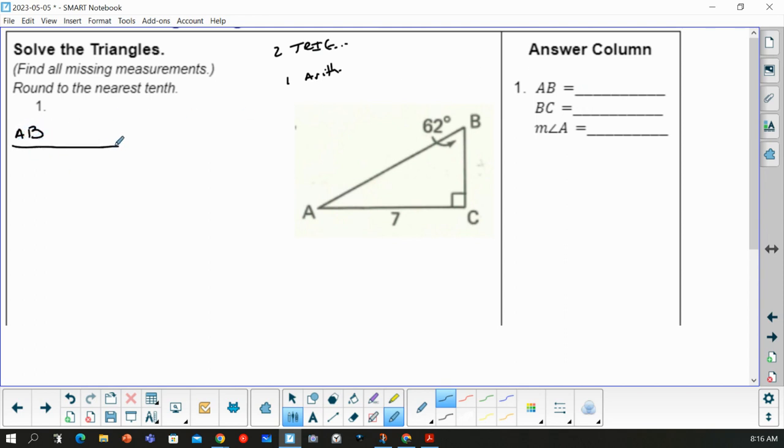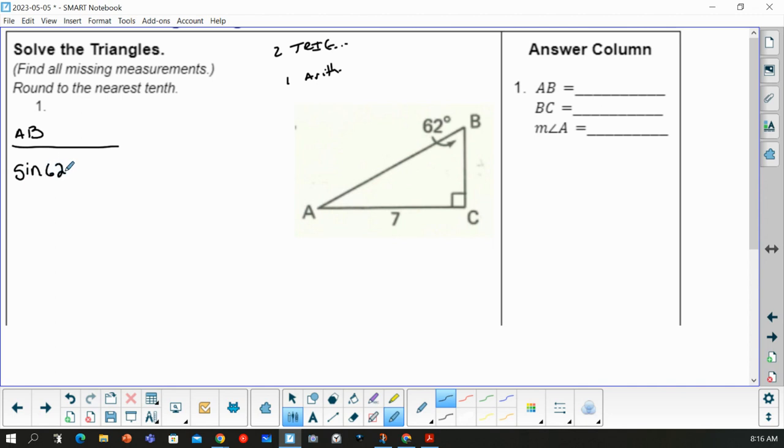All right, so to find AB, I'm going to put AB right here. I know that I've got this angle, I've got this side. From this angle that is given to me, the 7 is opposite to this angle. AB is the hypotenuse. The trig function that uses the opposite and the hypotenuse is the sine function.